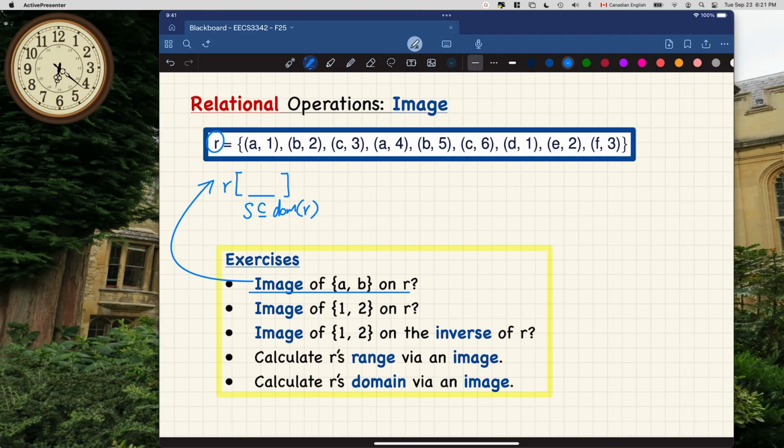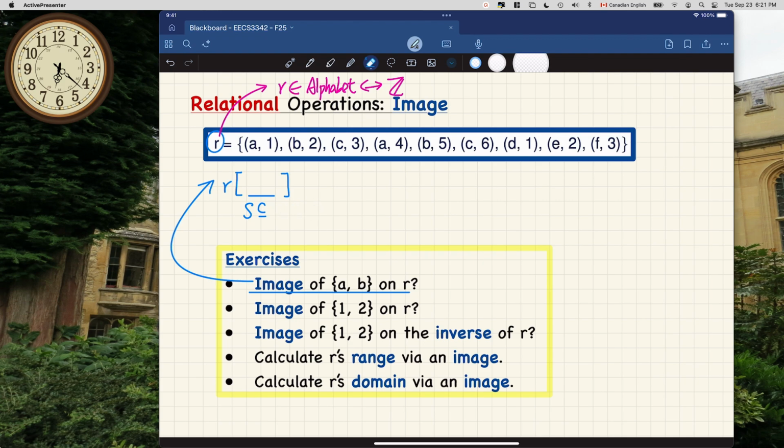Okay? So, oh, you know what? Let me say one thing here. If you remember over here, R here is a member of the relation between alphabets and integers, right? Alphabets and integers. Okay, I beg your pardon. I said something wrong here. I'll fix it.